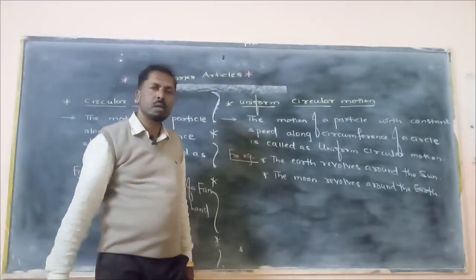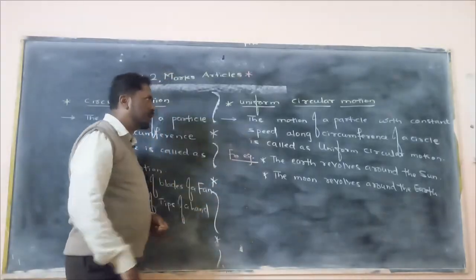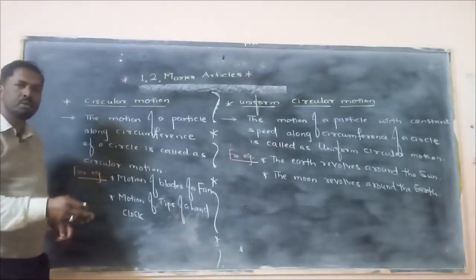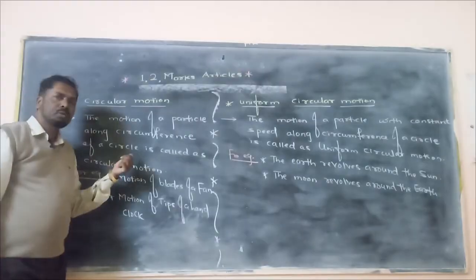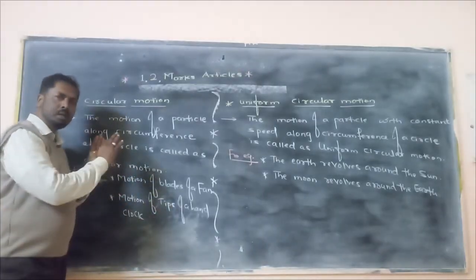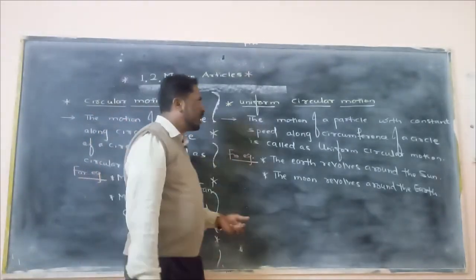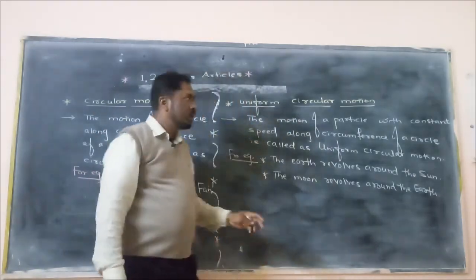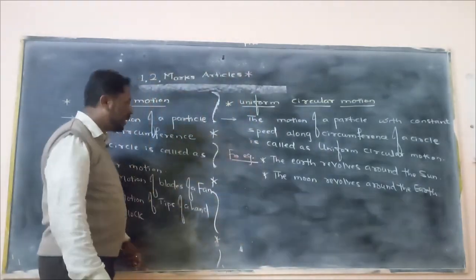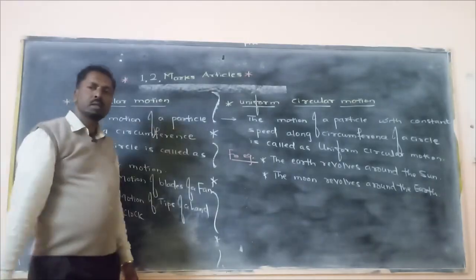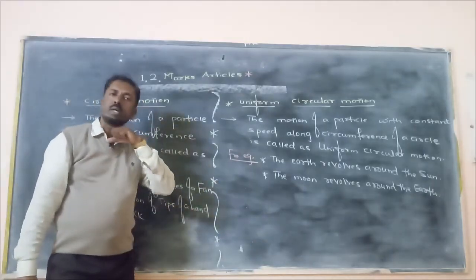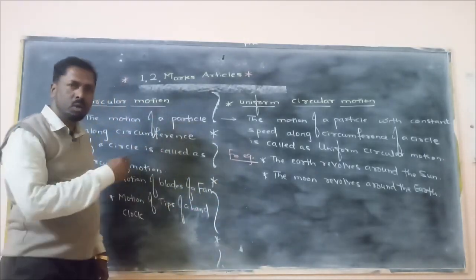In circular motion, the speed does not remain constant, whereas in uniform circular motion, the speed remains constant. So first of all, see these 2 points. Then we will conclude the other one.